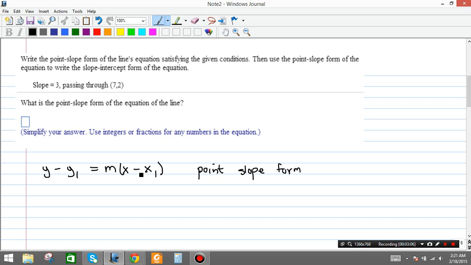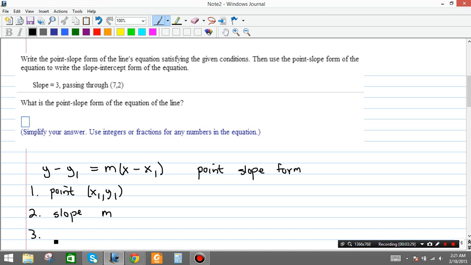And with this equation, we are just going to answer this question by finding really 2 things. We need a point, x1, y1, and we need a slope, m. Right?